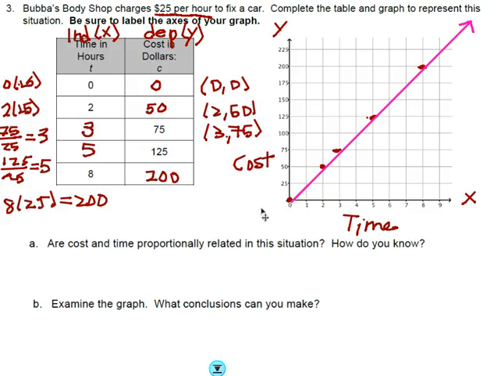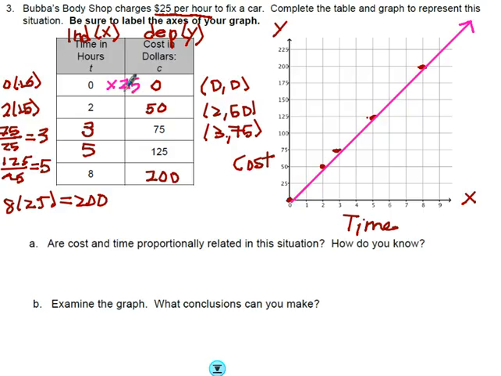But this question doesn't really ask you about the graph. So I always want you to go back to the table and try to answer this question. Is this a proportional relationship based on the table of values? And how do you know? Well, we know that this was $25 per hour, and that's why we multiply the independent variable, the time, by 25 to get the dependent variable.